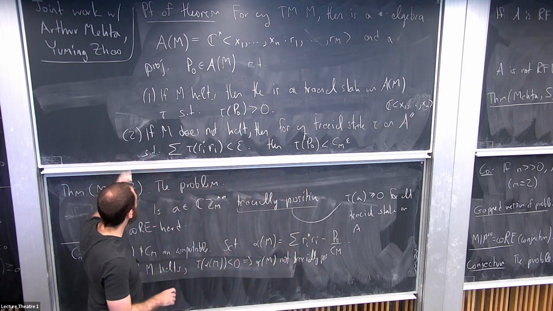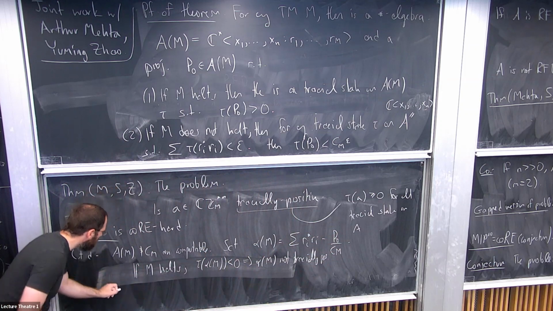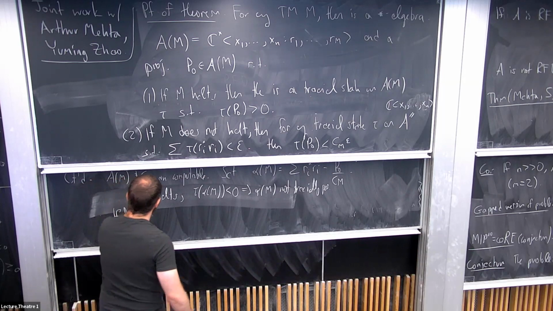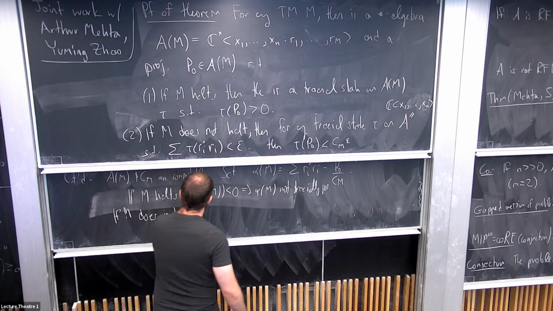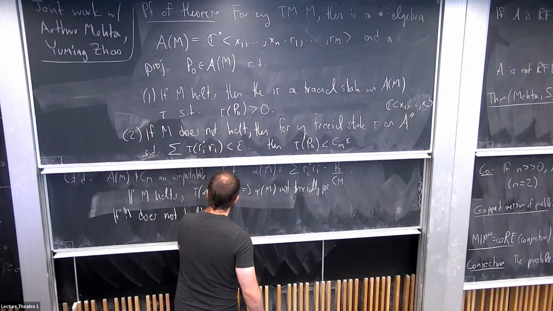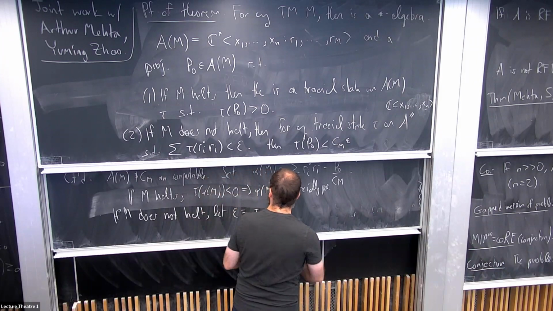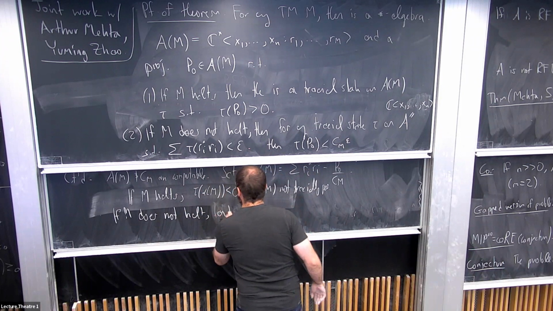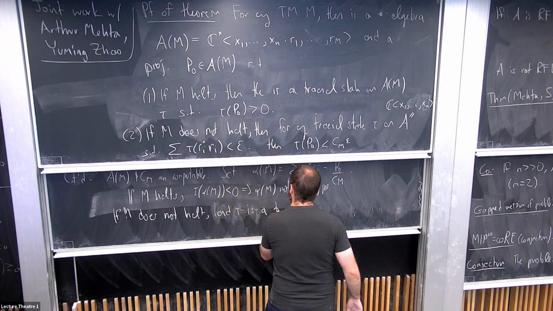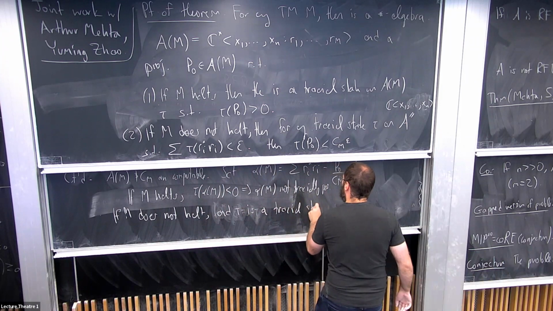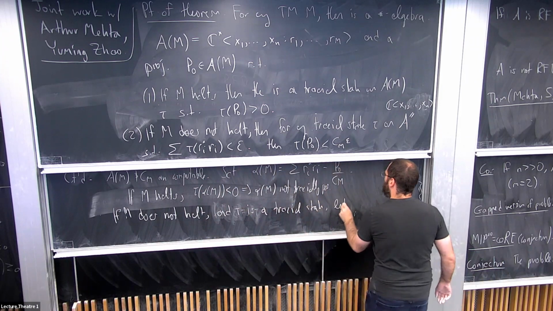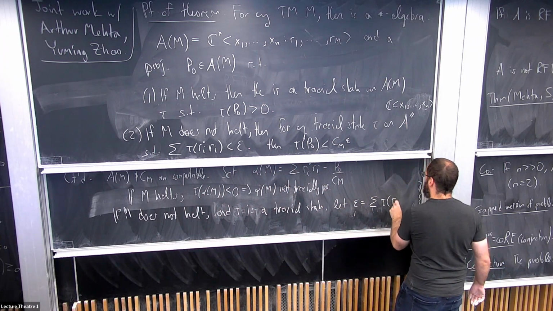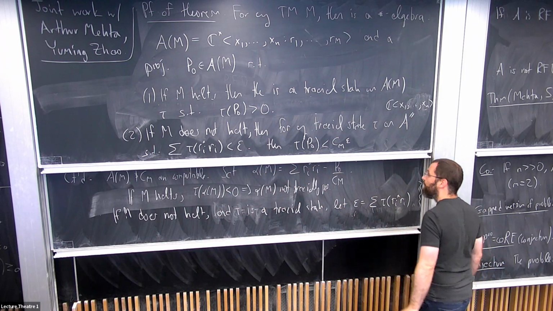But what part 2 guarantees is that if m does not halt, and we're given a tracial state tau, let epsilon equal the sum over tau of Ri star Ri.